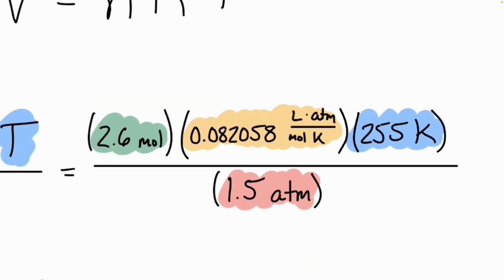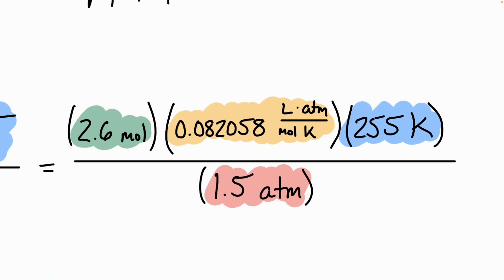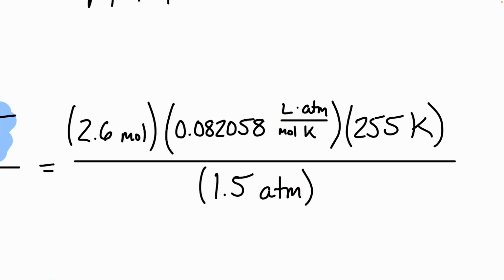All right, let's look at units real quick. Let me get rid of some of these colorings here so we can see a little bit more clearly. R had that big, ugly mixed units. And what we're going to see is that's because that's going to square away all these different quantities from our ideal gas law. I have mole on top divided by mole from my ideal gas constant.